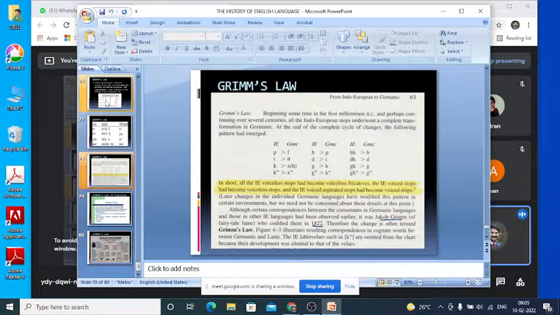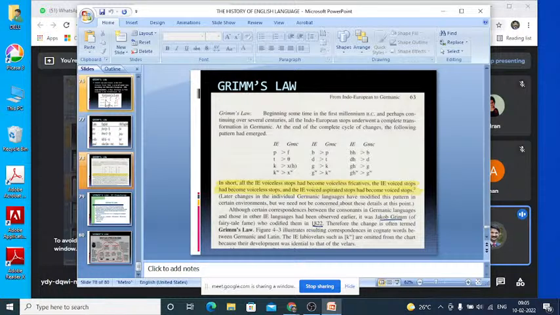At the end of the complete cycle of change, the following pattern had emerged: Indo-European p became the Germanic f, t became th, k became h.